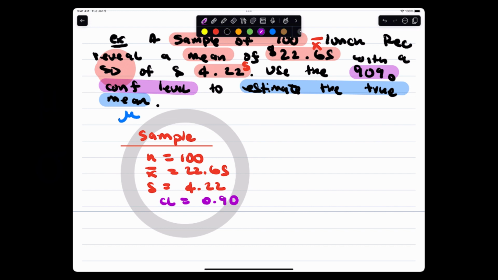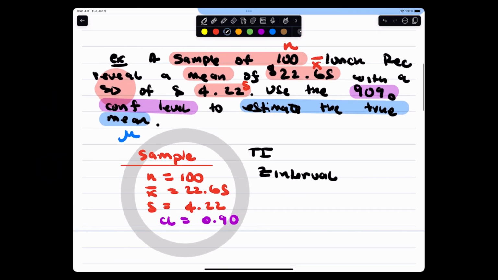So all of that gets put into the TI under Z interval. So double check, ladies and gentlemen, are we okay so far with all of this?